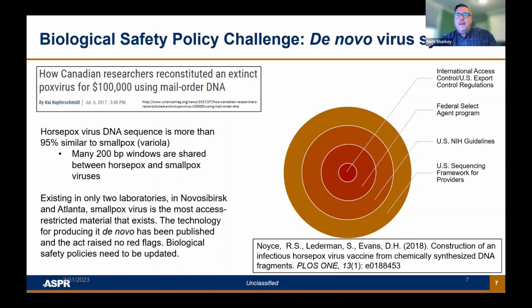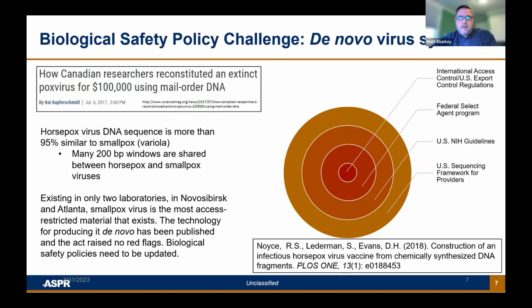And interestingly, for the application of the 2010 screening framework guidance, although horsepox has many 200 base pair windows that are shared with smallpox, meaning that they're identical in sequence between the two viruses, since the guidance says that these 200 base pair windows must be unique to regulated agents, those windows are not unique to smallpox. They're of course also found in horsepox.